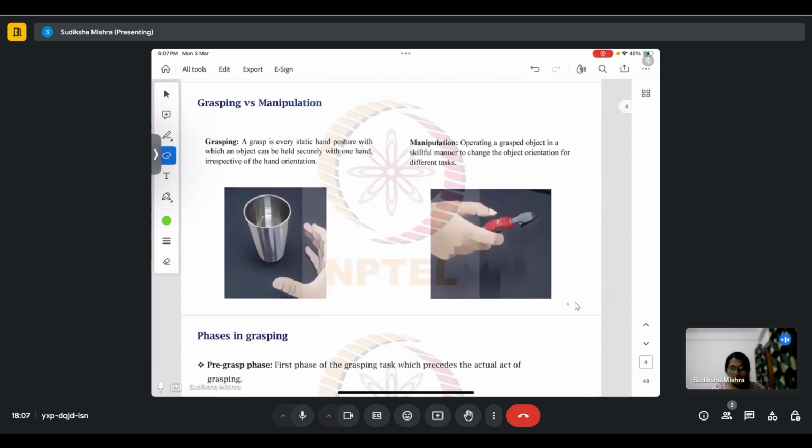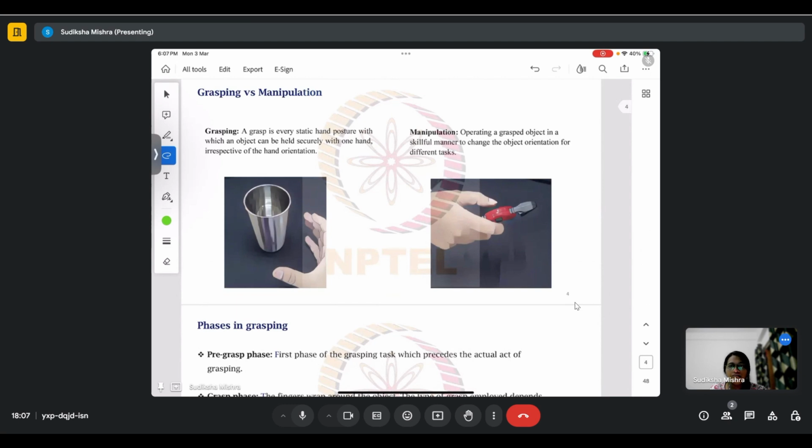Now a grasp, which is the resultant move, is a static hand posture, which basically is when you hold on to an object, what is the orientation of your hand.